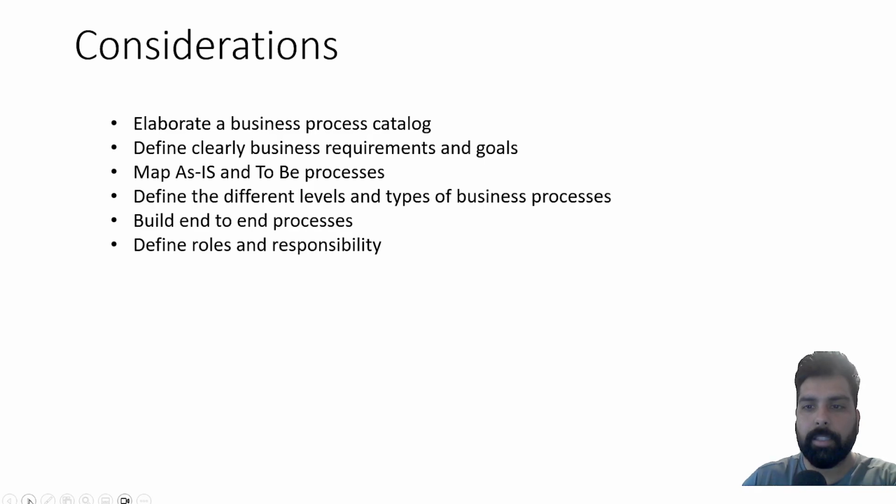Because if you do not understand which process is performed by which user, or what type of user or which department, it is very difficult for you to have a clearly articulated requirement and solution design in future. So we need to keep all these things in mind.